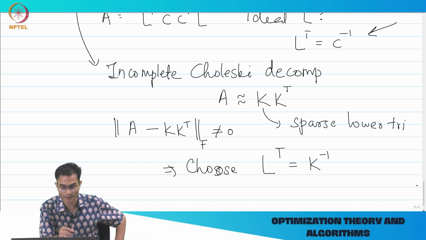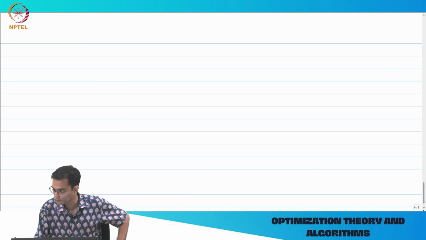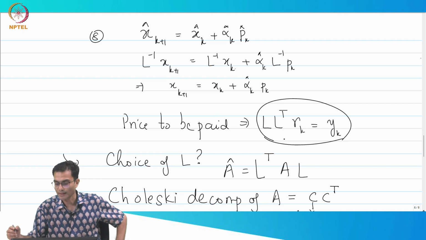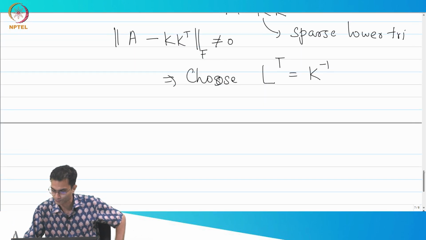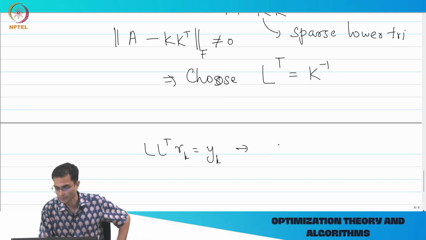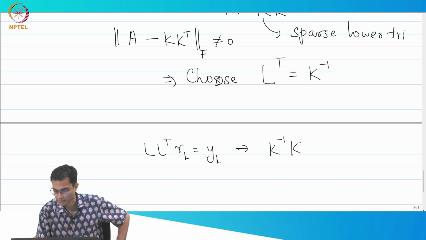So actually we don't need L transpose. What do I need to solve? Let's go back here. What I need to solve is this: LL transpose RK equal to YK. Let's plug that in over here. This will become K inverse K inverse transpose RK equal to YK.